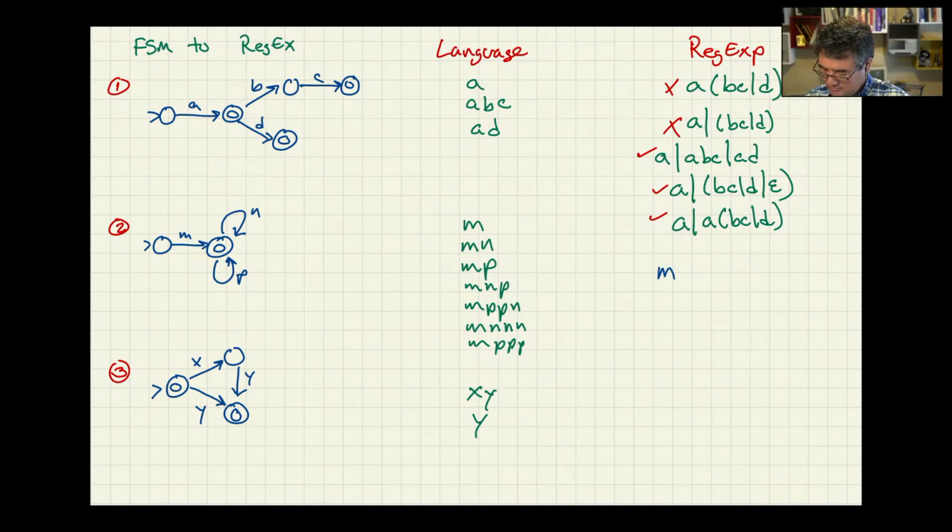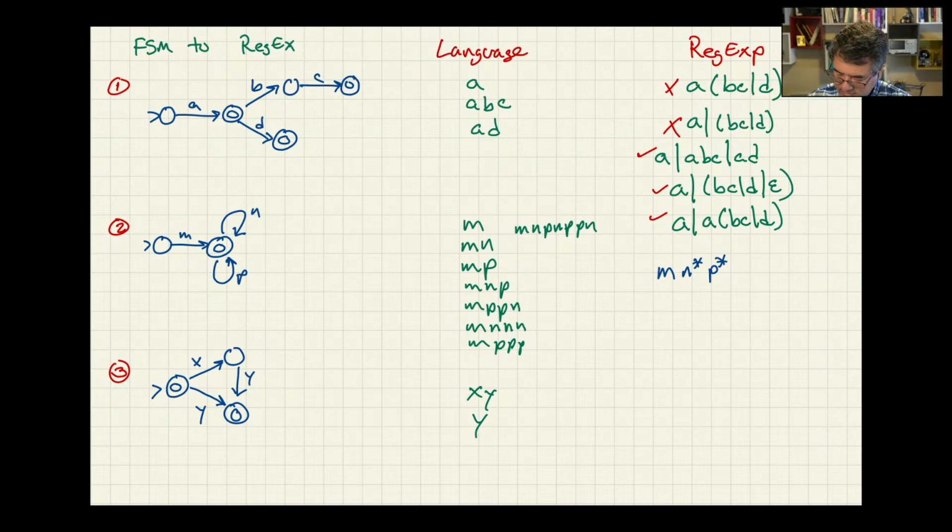I think it's M, N star, P star. Close. This one is certainly M, followed by any number of N's, followed by any number of P's, but what it doesn't allow is for mixing them up, such as M, N, P, N, P, P, N.